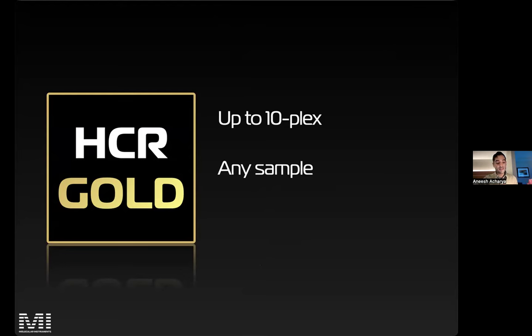So today it's hundreds and hundreds of different species and any prep of that sample, whether it's thin tissue, cells in suspension, or even whole mounts. And platform agnostic, meaning it can be run manually with a really nice human-friendly protocol, and then also adapted easily to all kinds of automation platforms that are out there.